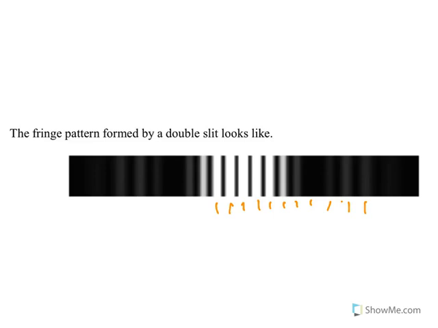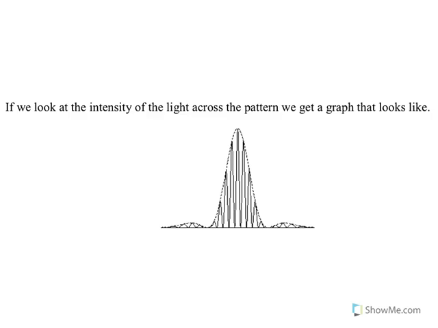Now, if we do an intensity graph, so that's light intensity up there, you can see with the light stripes they're brighter in the middle, and they get duller. That looks a bit like the pattern we saw from the single slit. So it's a bit of an amalgamation of a couple of things going on there.